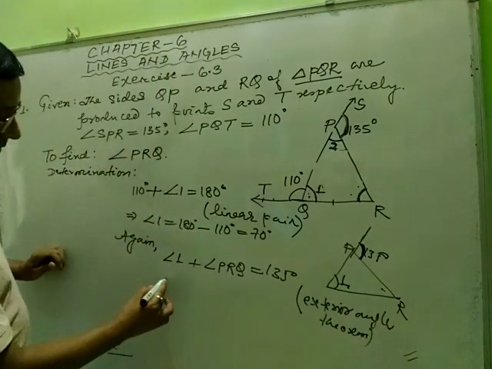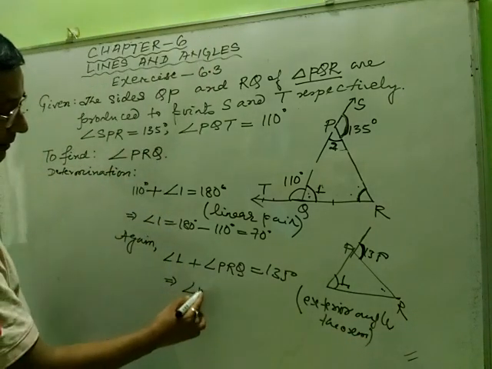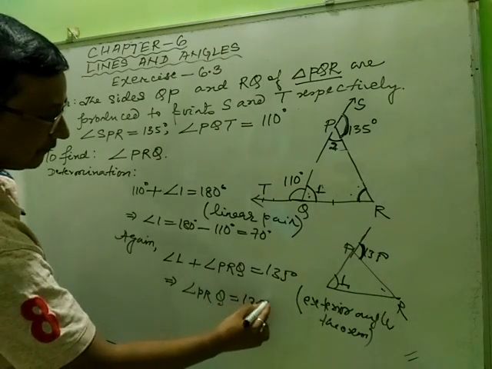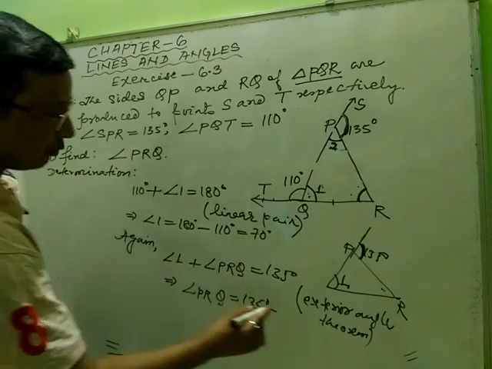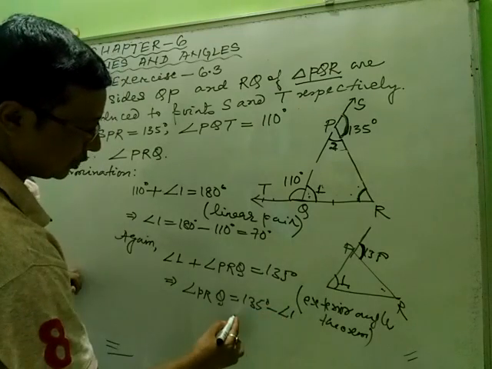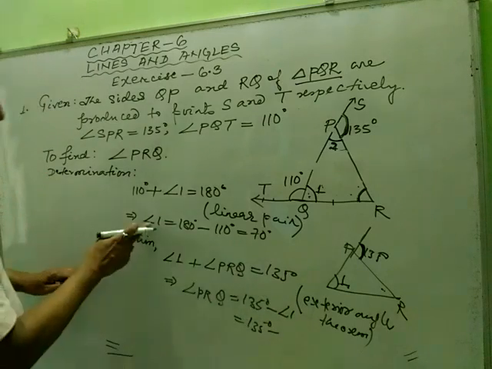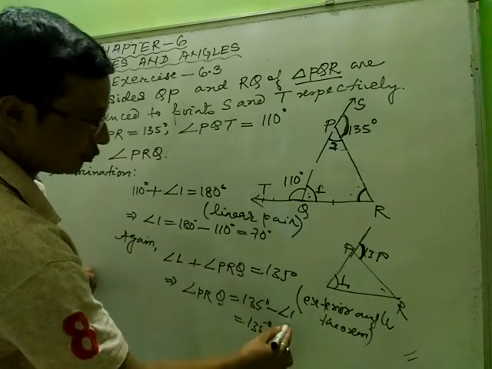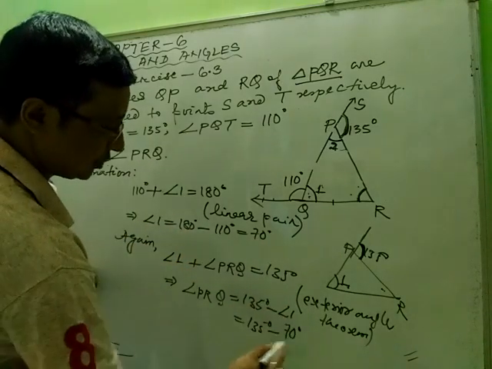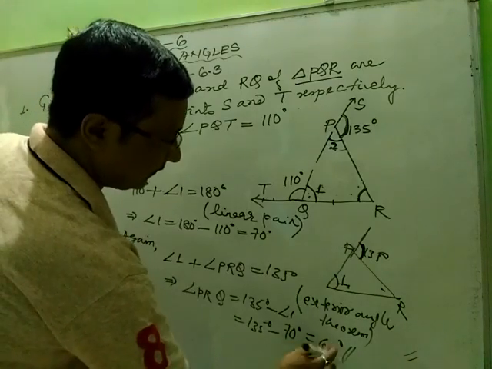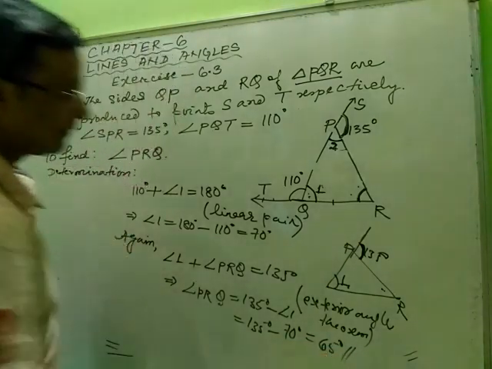So this gives angle PRQ equals 135 minus angle 1. So 135 minus 70 equals 65 degrees. So this is your answer.